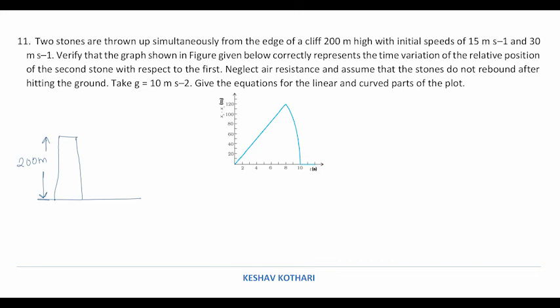The first ball, the red ball, is projected up with a speed of 15 meters per second, while the second ball, the green ball, is projected up with a velocity of 30 meters per second, that is twice the speed. It is obviously evident that the ball projected with less speed will hit the ground first and will not rebound back according to the question.